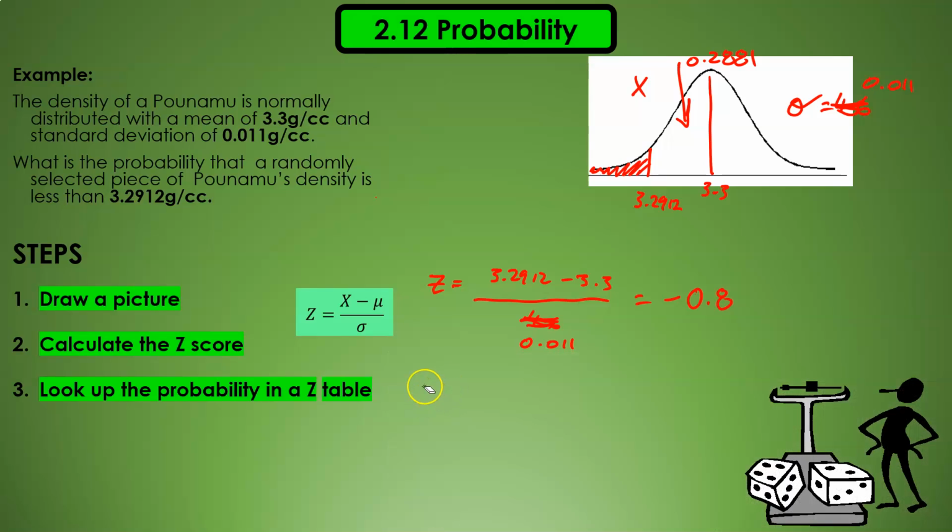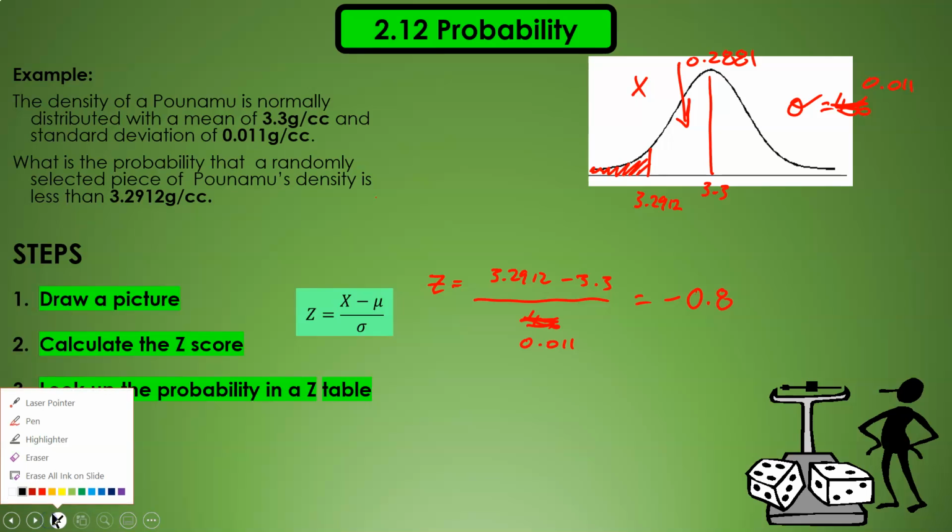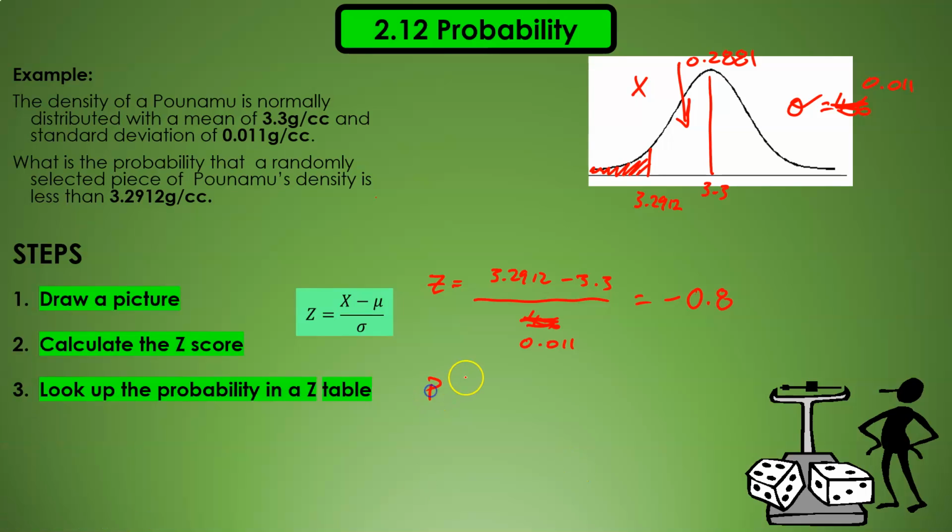That means that the probability of x being less than 3.2912 must be equal to 0.5, take away that area that we got from the table, 0.2881, which gives us a final probability of 0.2119.